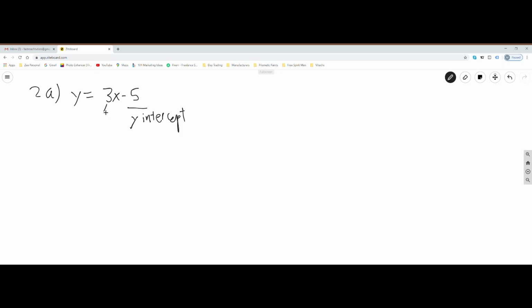And this is the slope. So if the slope is 3, what would the perpendicular slope be? It would be -1/3. That's A. Let's look at B.